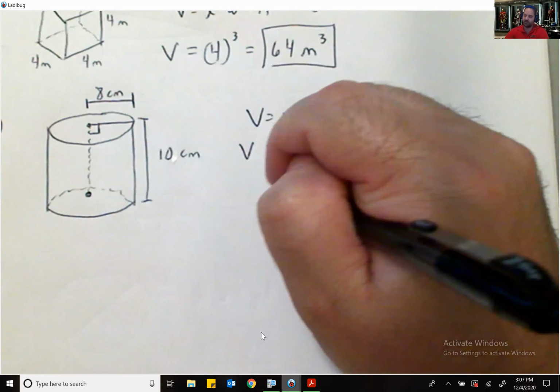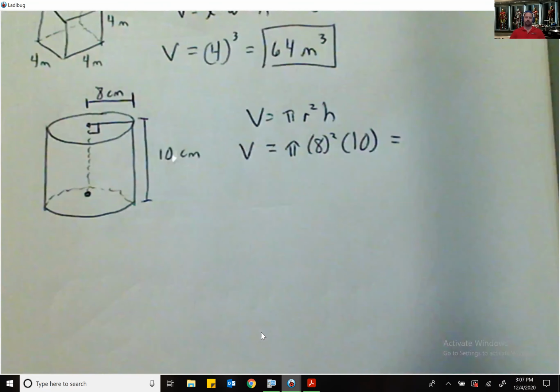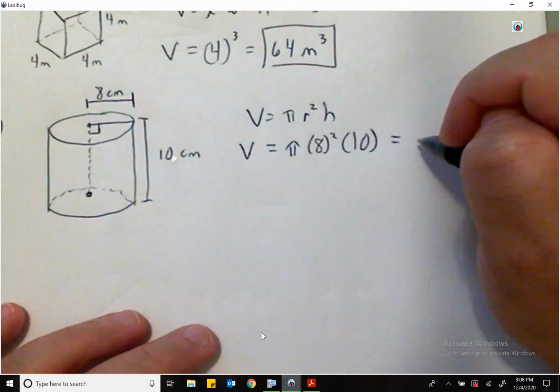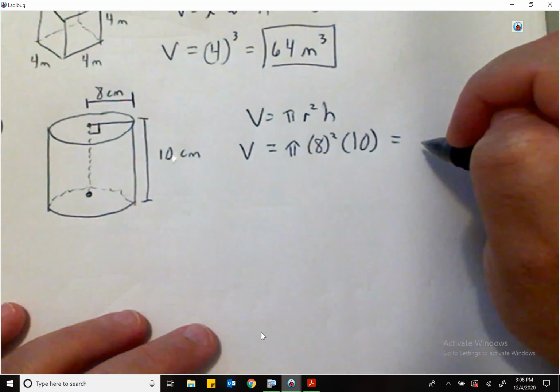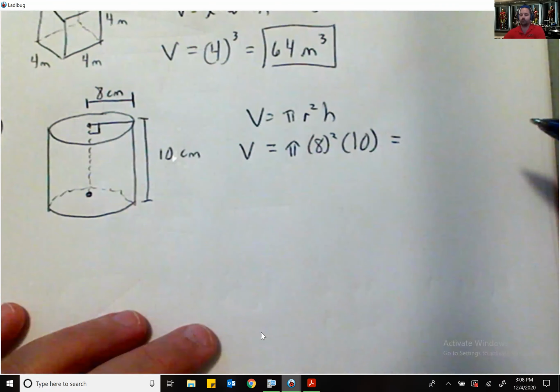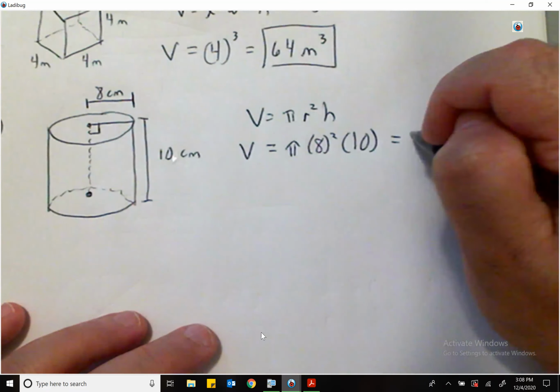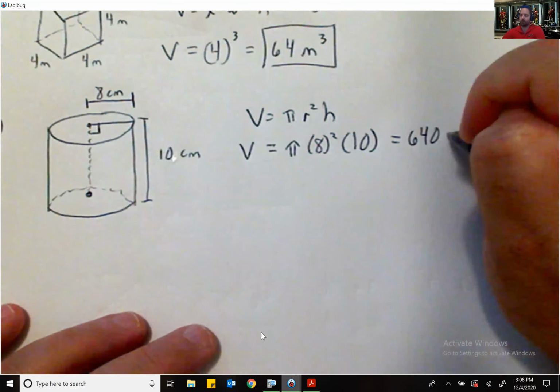So what is the exact answer? For the pi version of it first. Remember, you're going to leave pi alone. 640 pi. There you go. 640 pi, and you told me it was centimeters cubed.